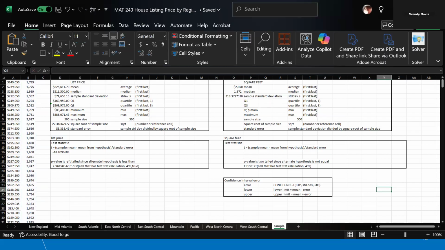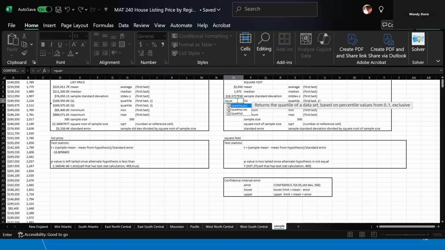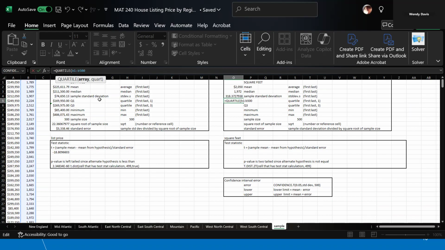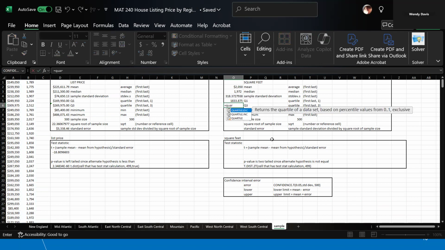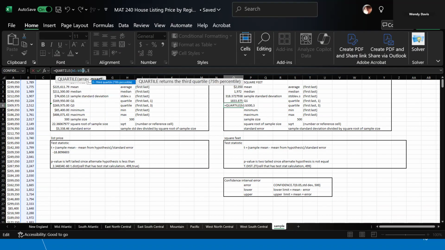Q1 equals quartile, B1 colon B500, comma, first quartile. Equals quartile, double click, B1 colon B500, comma, third quartile.